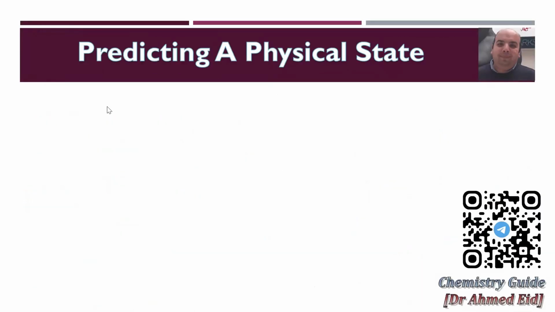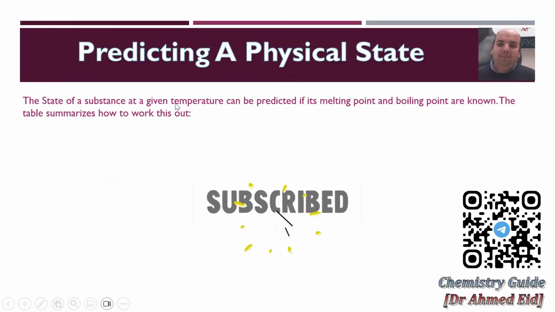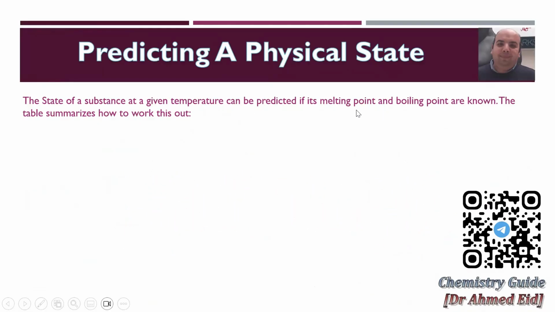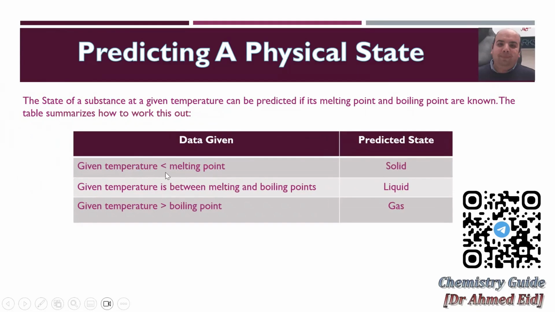Now let's talk about predicting a physical state, and we mentioned this before. The state of any substance at a given temperature can be predicted if its melting and boiling points are known. This table summarizes how to work this out. If the given temperature is lower than the melting point of the substance, the state will be solid.